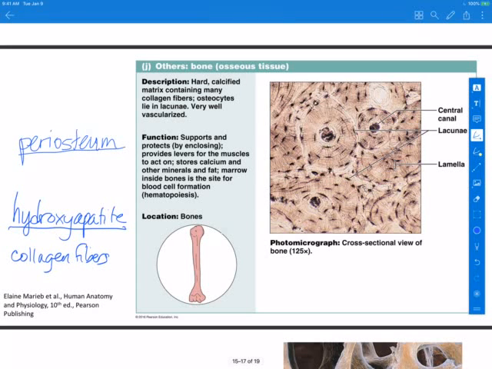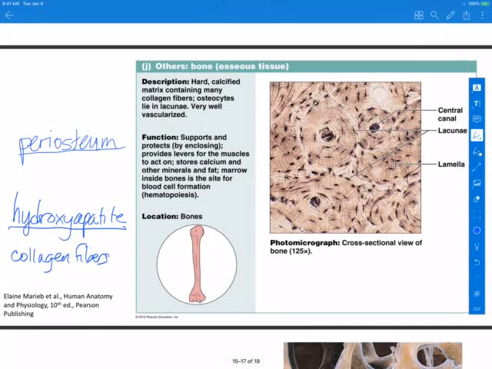The fibers give bone its flexibility. So it's good that we have both hardness and flexibility, because if it was all mineral, it would shatter and be very brittle. But if it was all organic material, it would likely not be able to support the weight of the body.